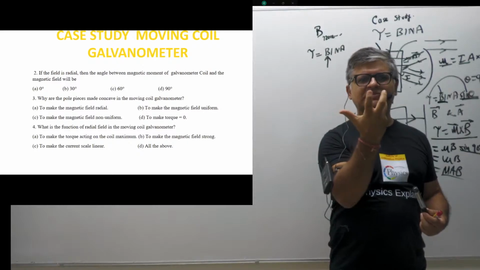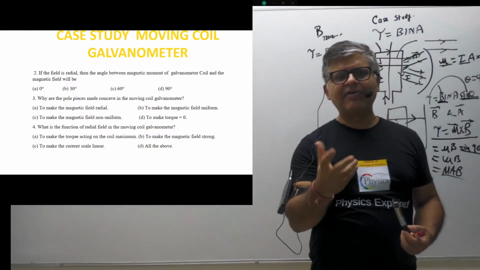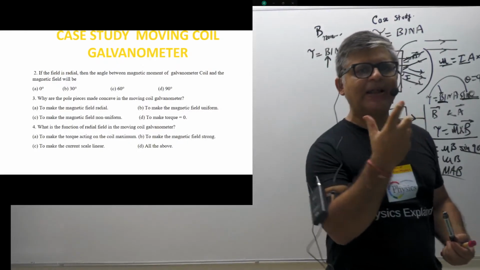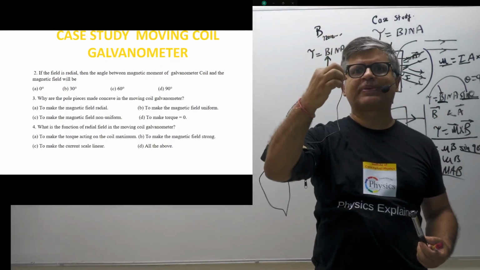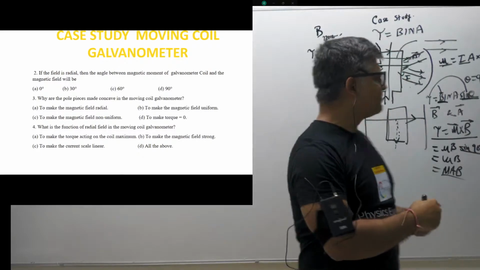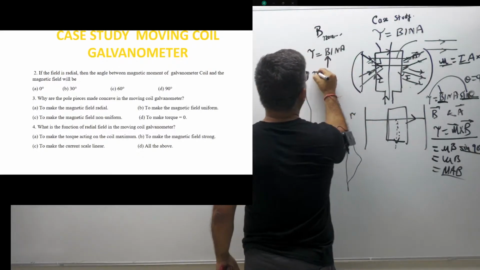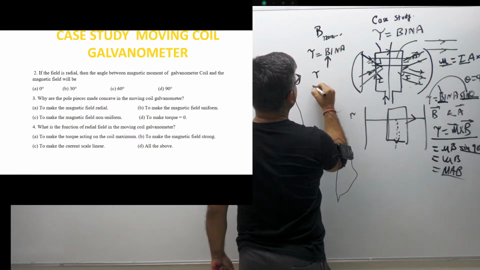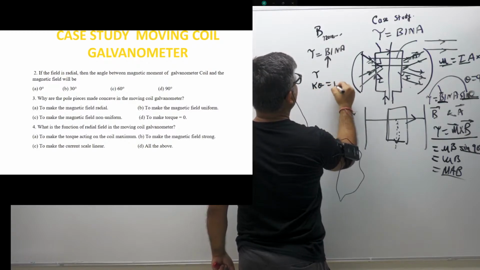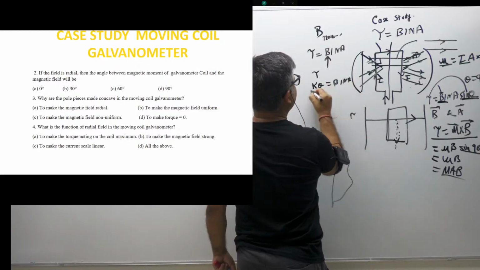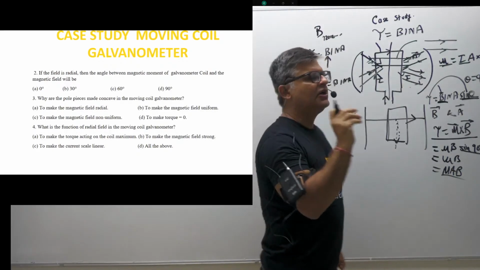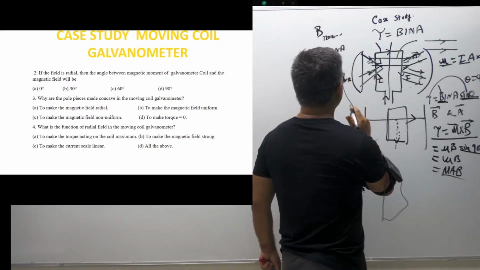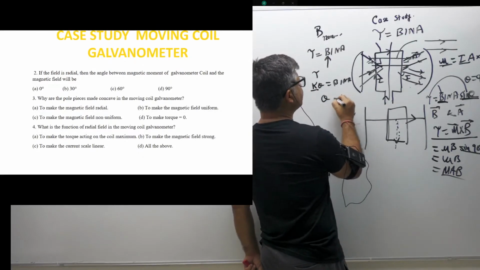If a torque is varying, I don't need that. I want a constant torque applied so that it rotates steadily, because the coil is connected to a spring, and the expression I get is K theta equal to BINA, where K is the torsional constant of the spring which stops the rotation of the coil. I get theta proportional to I.